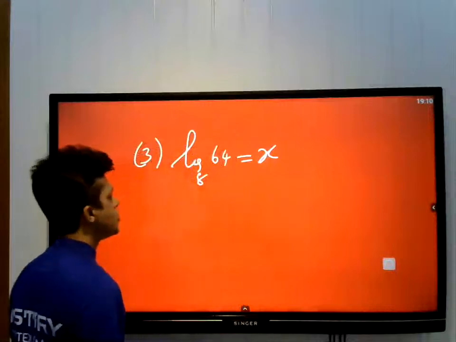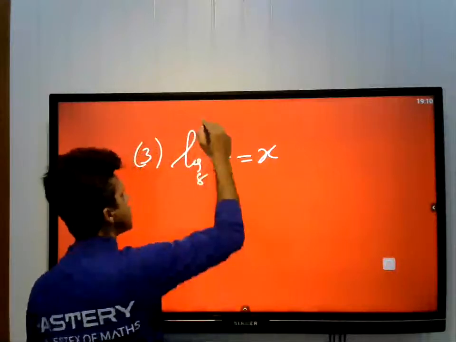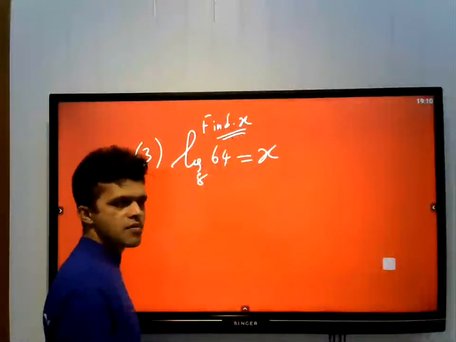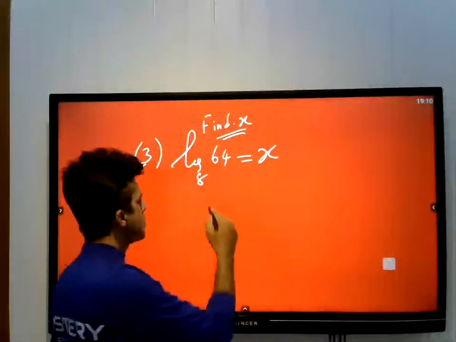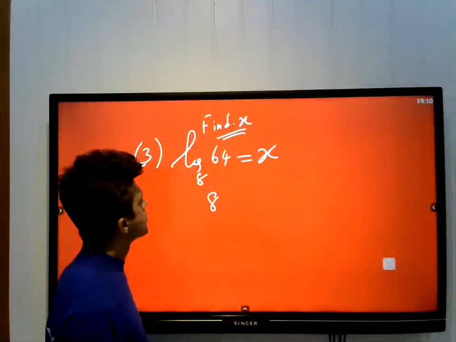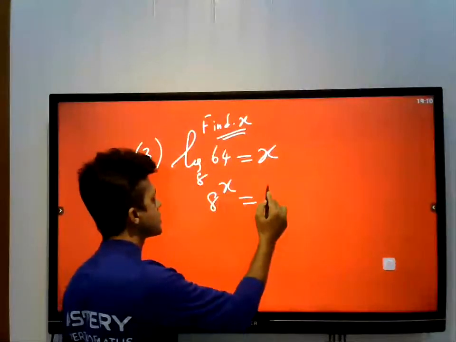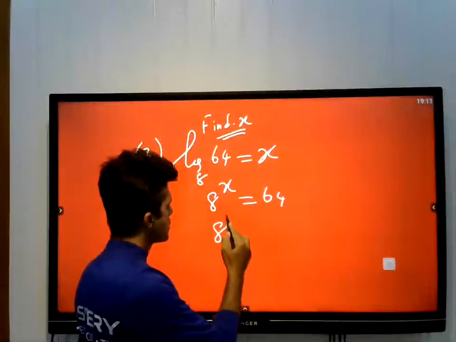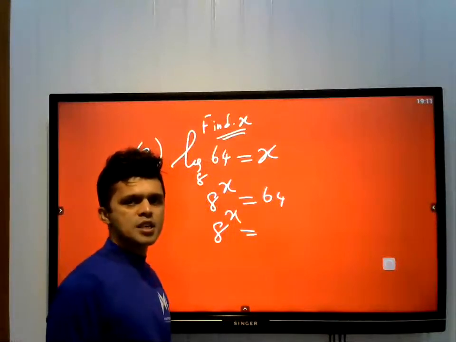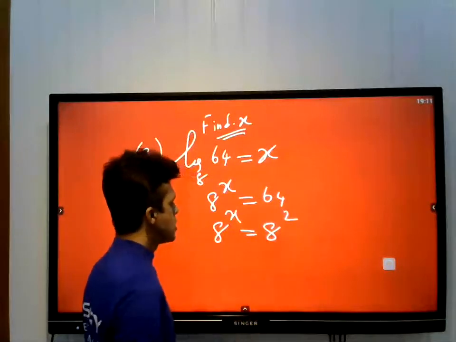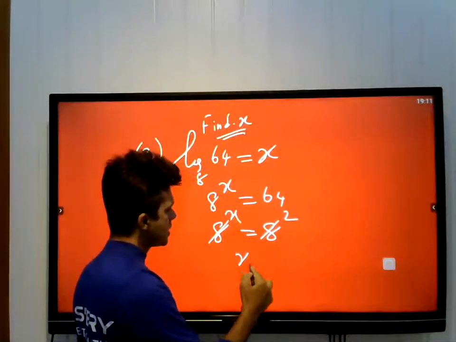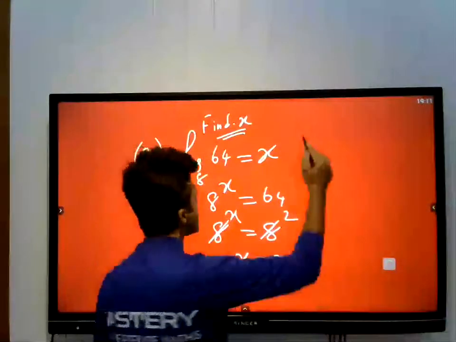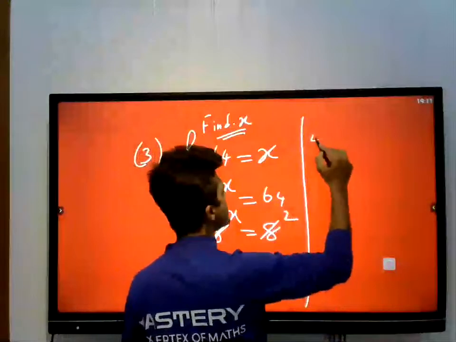It can be written as 8 to the power x equals 64. And this is an equation. We can write 64 as a power of 8, so 64 equals 8 to the power 2. So the 8 and 8 can be cancelled out. x equals 2.